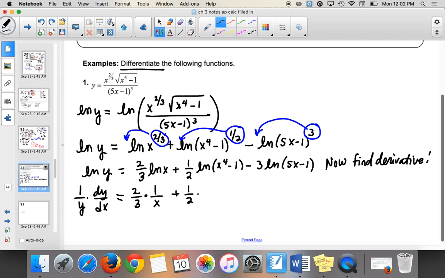Plus 1/2 times, this is natural log of u, so the derivative of natural log of u is going to be 1 over u, so 1 over x to the 4th minus 1 times du. What's the derivative of u? 4x cubed, exactly. Then we do minus 3 times 1 over u, which is 1 over 5x minus 1, times the derivative of u, which is 5.